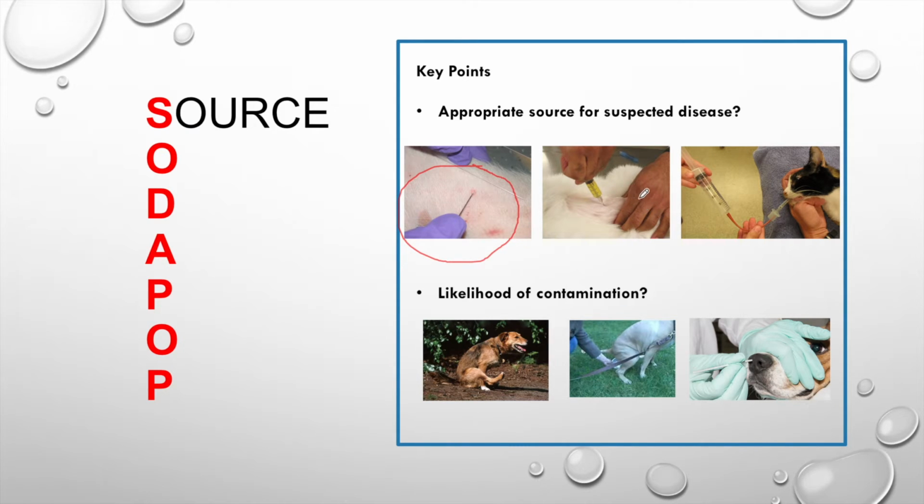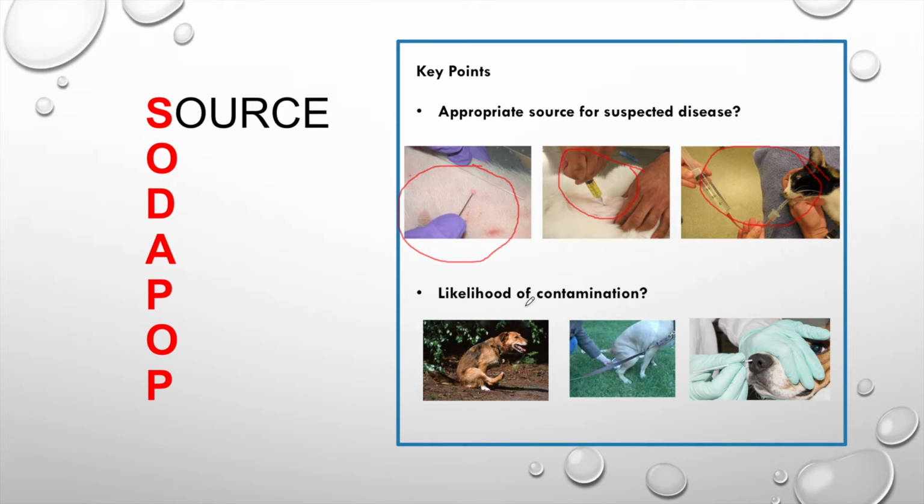For suspected urinary tract infection, urine can be collected using cystocentesis. For suspected lower respiratory tract disease or pneumonia, several methods including endotracheal wash, transtracheal wash, or bronchoalveolar lavage can be used depending on what the suspected distribution of the disease is.